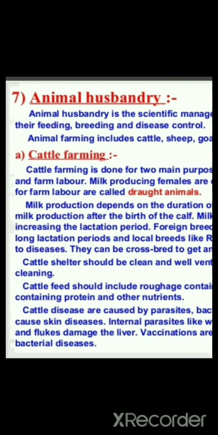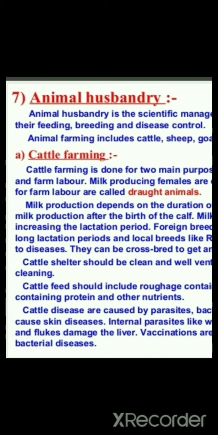So what we can do is crossbreed them to get animals with both qualities, disease resistant animals which also give a good amount of milk compared to the normal ones.